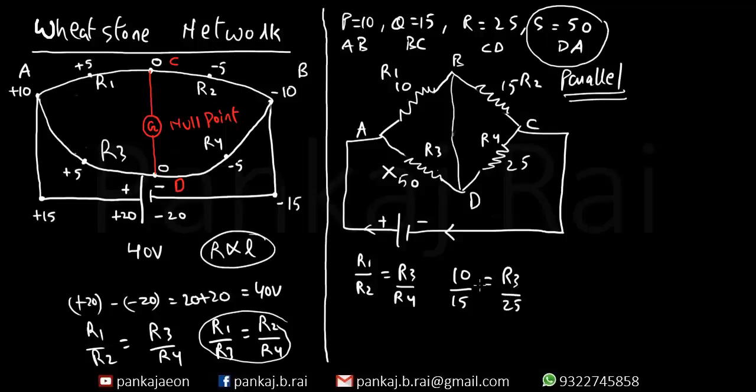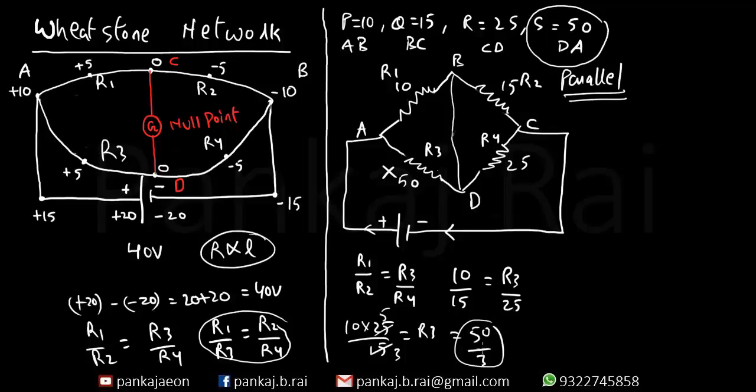So R3 will be 10 times 25 upon 15, that would be the value of R3. This will get cancelled, this is going in 5 and this is in 3, so it is 50 by 3.